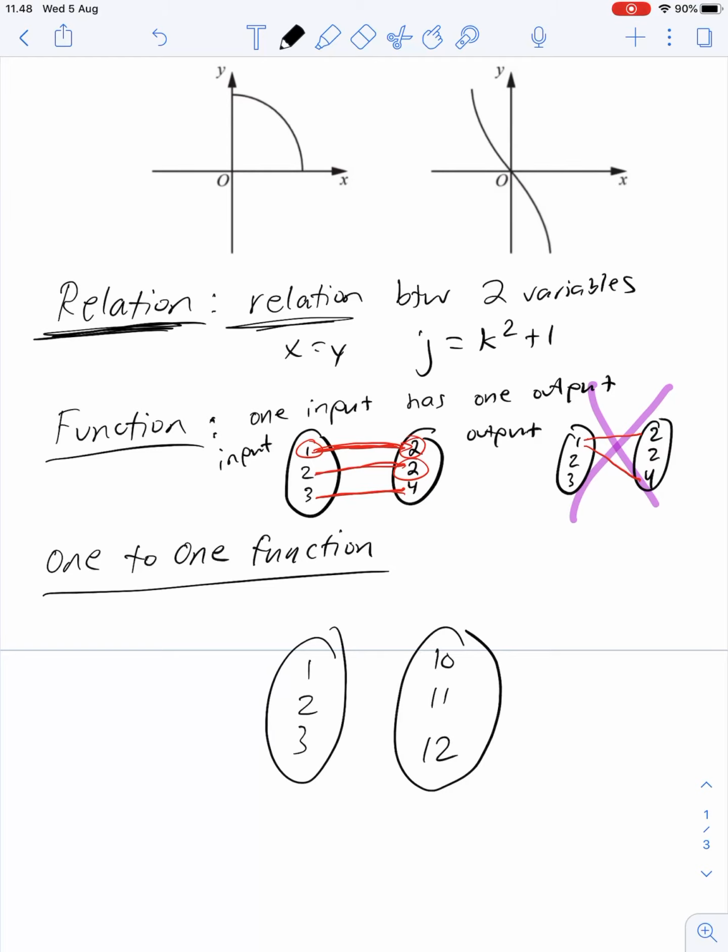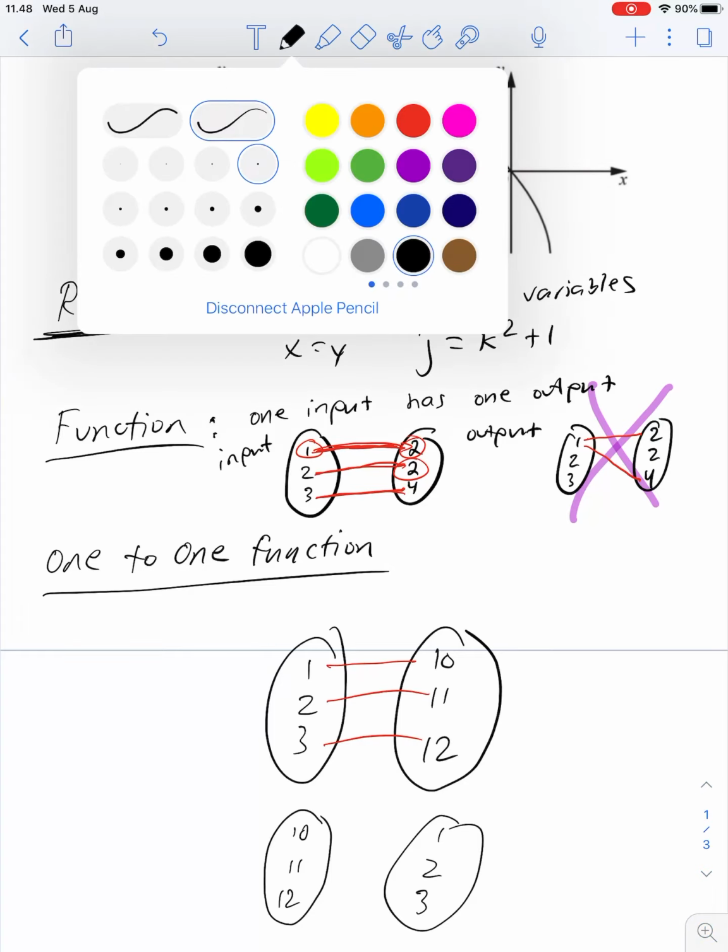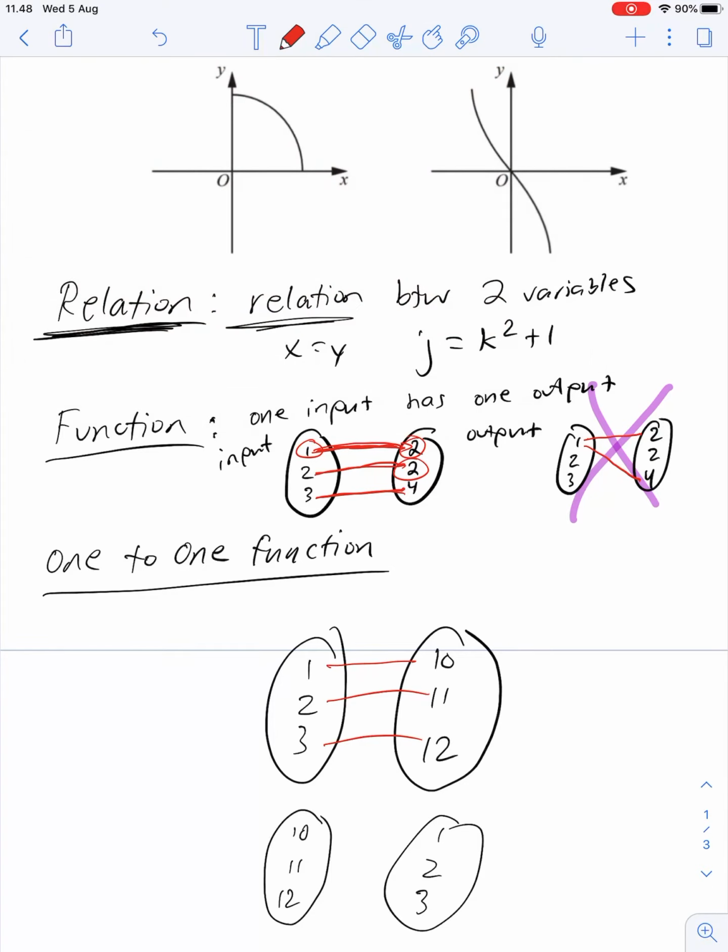One-to-one function says that not only does each input need to have one output, but also each output needs to have one input. So 10 goes to 1, 11 goes to 2, 12 goes to 3.